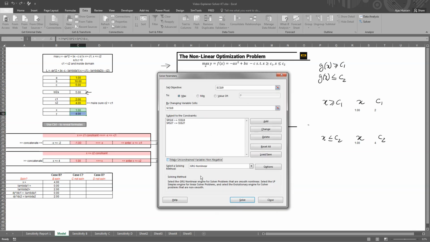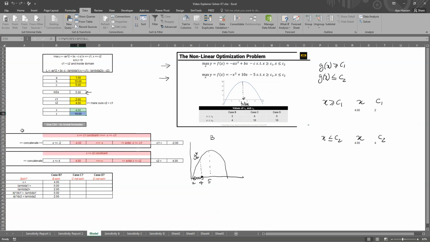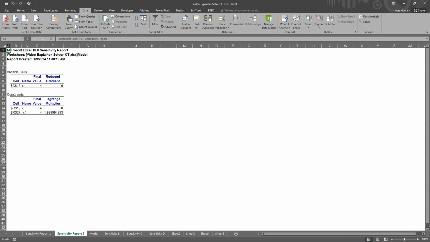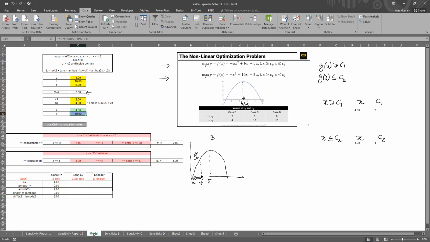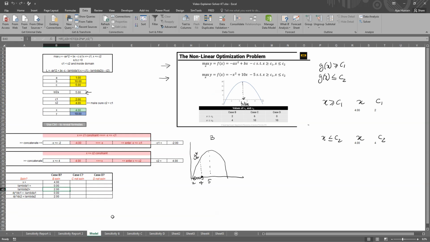I uncheck this, solve, and ask for the sensitivity report. And this time, you get something, right? It seems to be of the right value because you will notice in the model, I give you what happens in case B. So lambda 1 was supposed to be 0, lambda 2 is equal to 2, and that's exactly what you see over there. Let's try a different scenario.